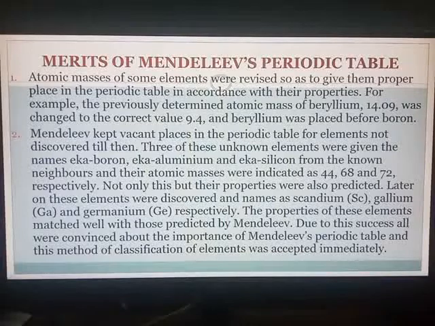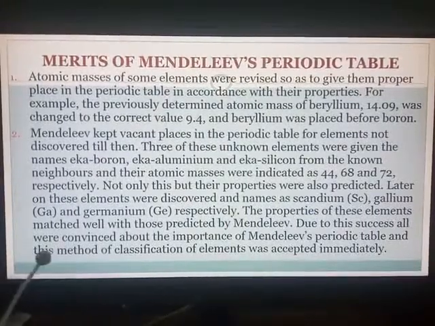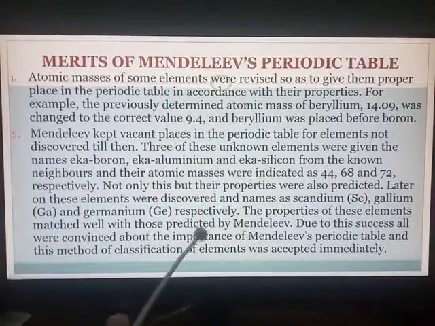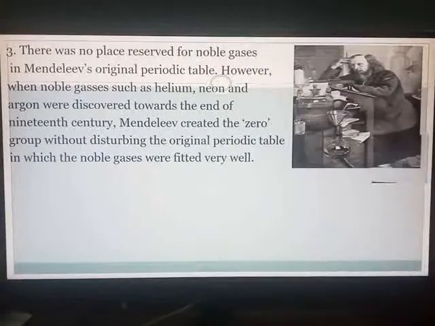Similarly, in the case of Mendeleev, whatever properties he had predicted for those undiscovered elements, later on those properties matched, and hence this method of classification of elements was accepted immediately. Why? Because people were convinced about the importance of his periodic table. And lastly, there was no place reserved for noble gases in Mendeleev's original periodic table.